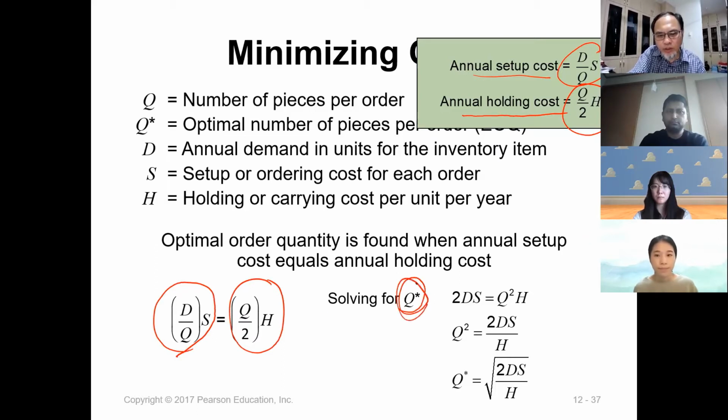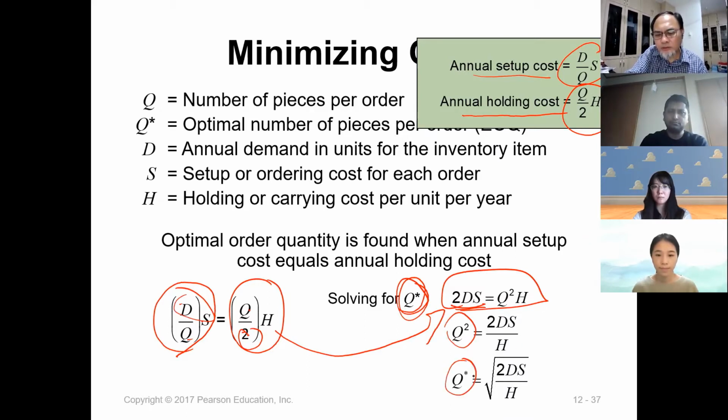So we solve for Q. You get 2 multiplied by DS equals Q squared times H. So Q squared is 2DS divided by H. Q star, we pronounce it as Q star.